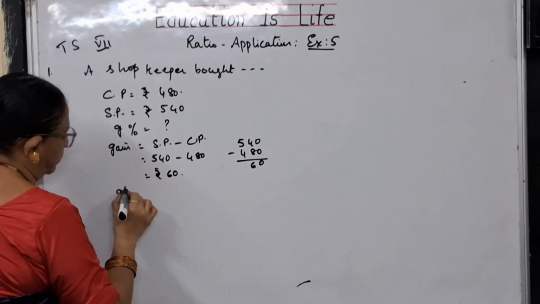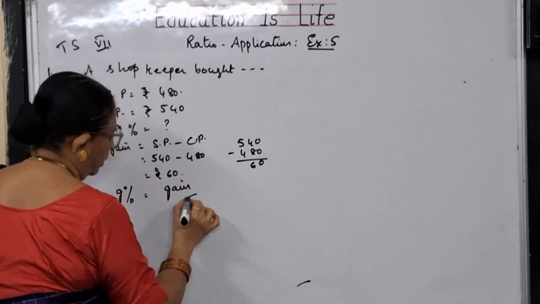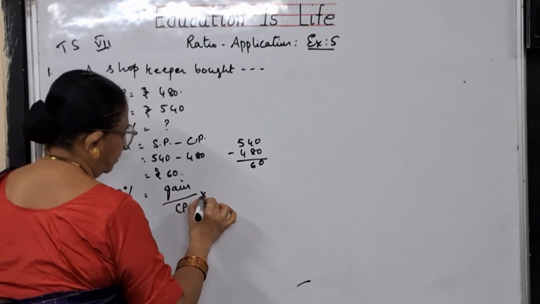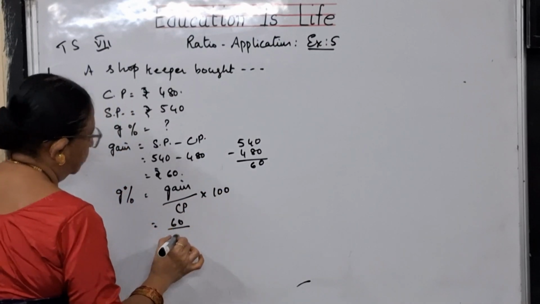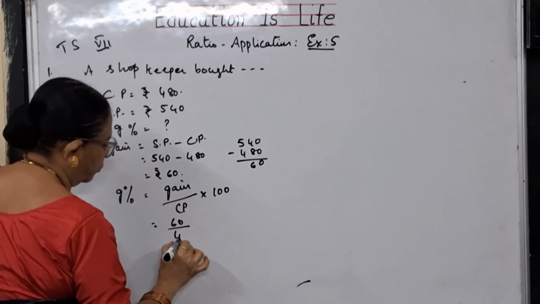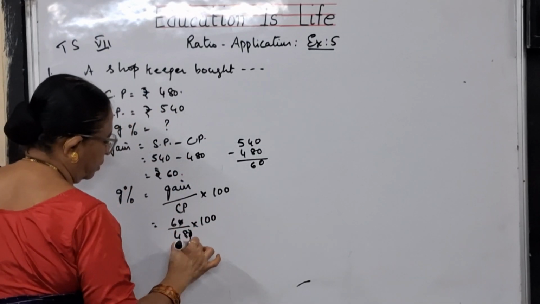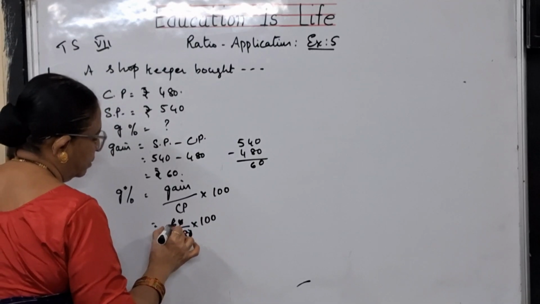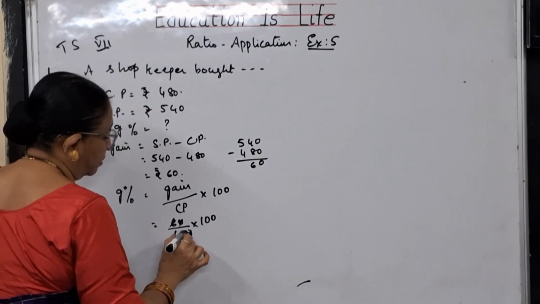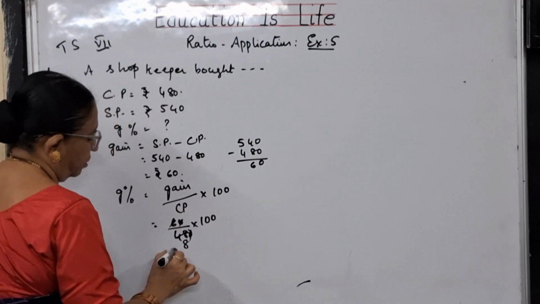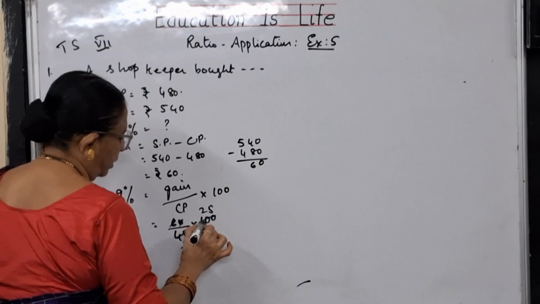Now you want gain percent. Gain percent formula is gain by cost price into 100. Gain is 60 by cost price is 480 into 100. So the zeros will get cancelled. 6 ones are 6, 6 sevens are 42, 6 eights are 48. 4 twos are 8 .. so 425 and 100.